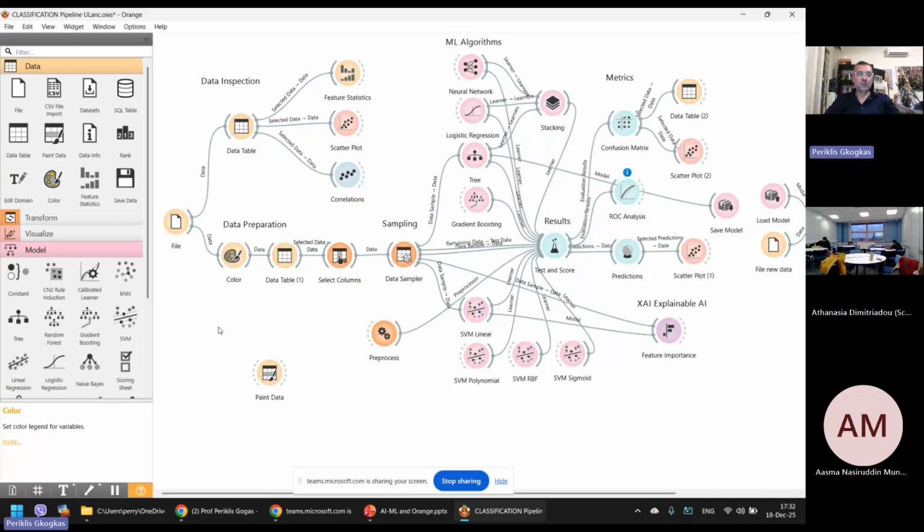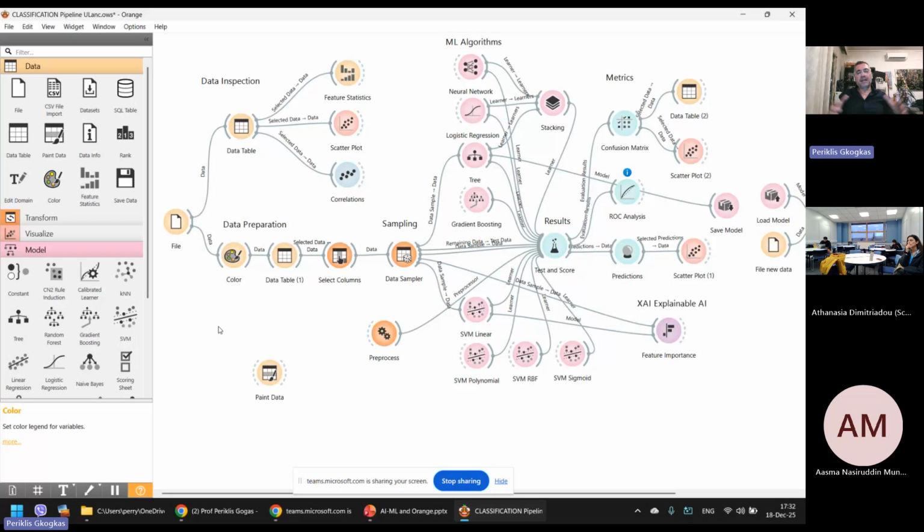Okay. So this is the environment of Orange. Orange is a very powerful tool because you can run machine learning algorithms, you can train your algorithms, you can produce results, and you produce forecasts without any knowledge of Python. You do not need to learn Python to perform the analysis that you're going to see now.